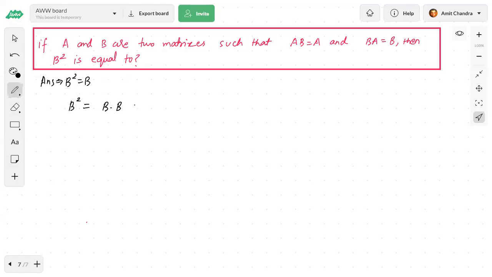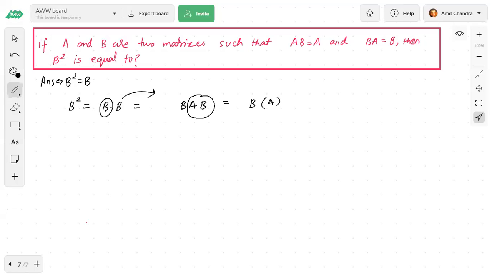If B square is equal to B into B, then B I can write as BA. So if B I can write as BA, this will become, if I substitute one of the B as BA, BA into B. And if I take AB, now this is AB, and this B into AB is what?